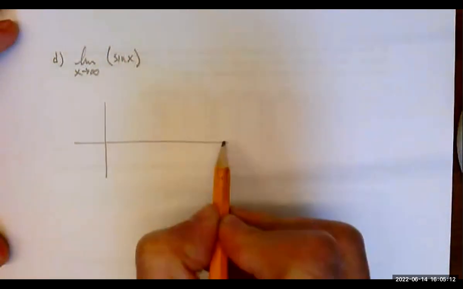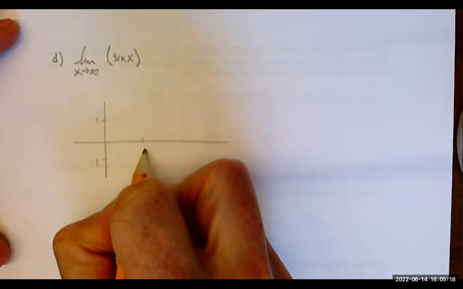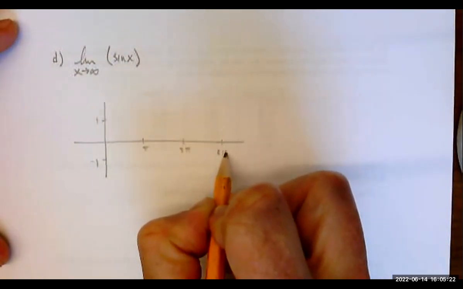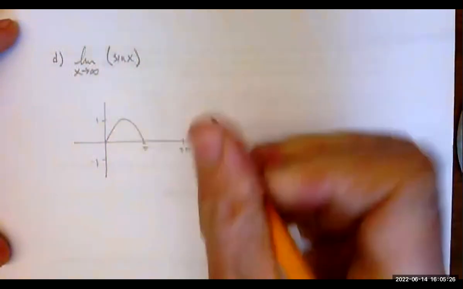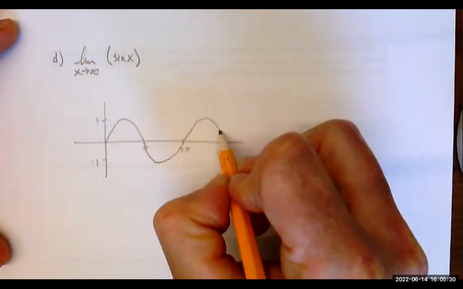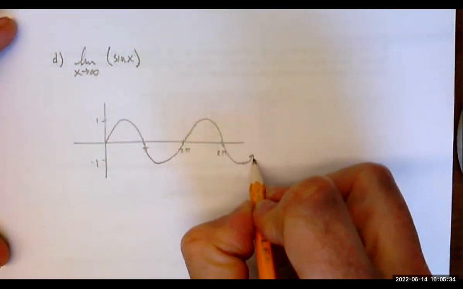It starts at 0, it comes up, it goes back down through pi, comes down through 2 pi and up again, and it keeps doing that cycle over and over.